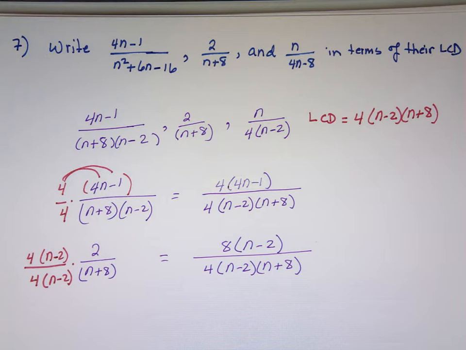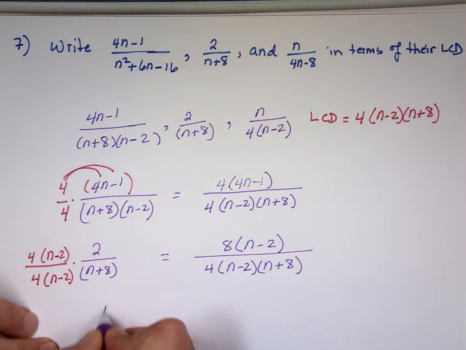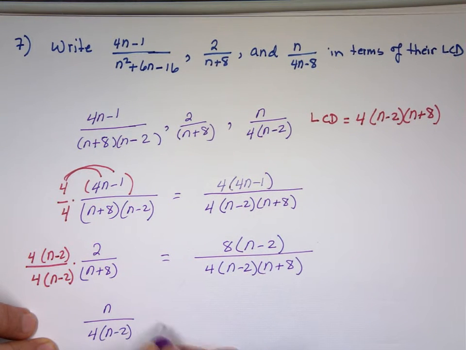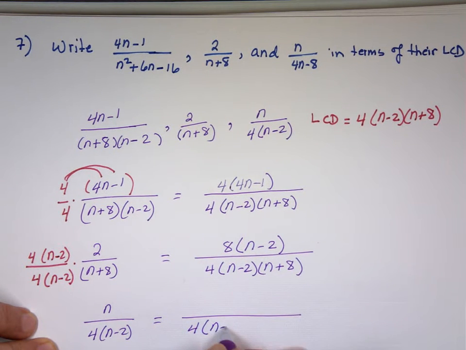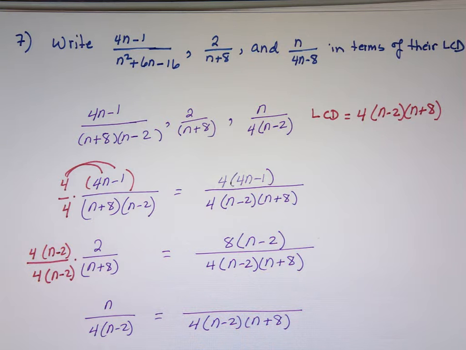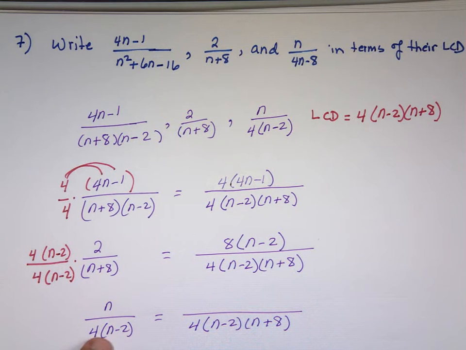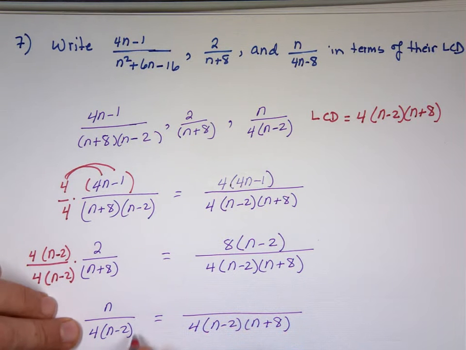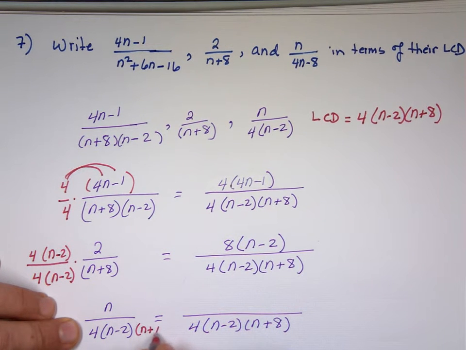Let's look at the last one. The last one is what? N over 4 times n minus 2. And you want it to be, in the bottom, 4 times n minus 2 times n plus 8. Again, what is missing from this to make it look like this? You're missing the n plus 8. So if you multiply this by n plus 8, you got to multiply the top by n plus 8.